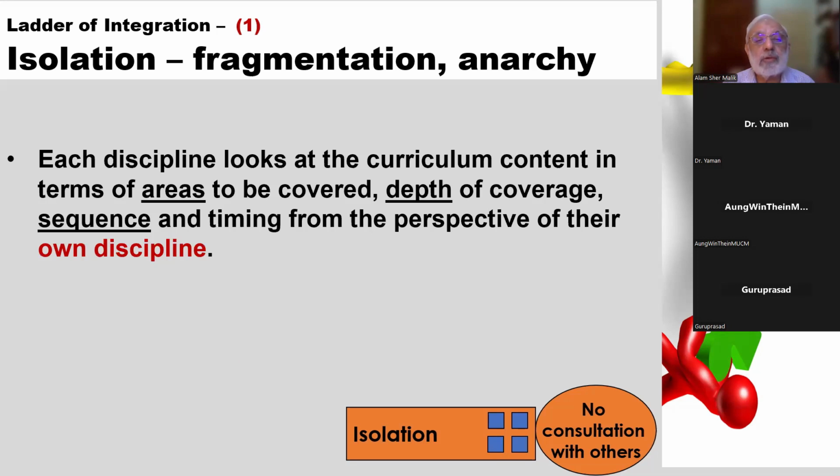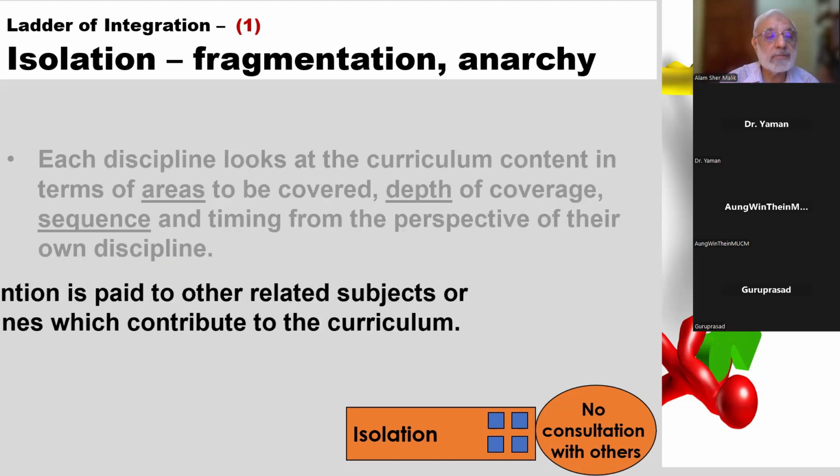Each discipline looks at the curriculum content in terms of areas to be covered, depth of coverage, sequence, and timing from the perspective of their own discipline. So what area is to be taught, how much is to be taught, what is the sequence? Every discipline decides on their own, and they are completely independent in that.